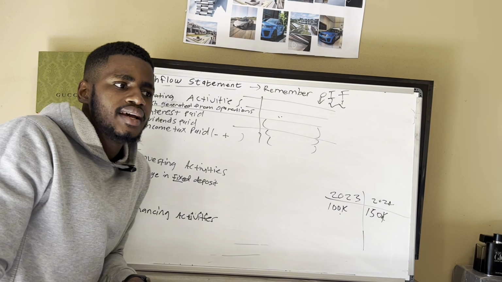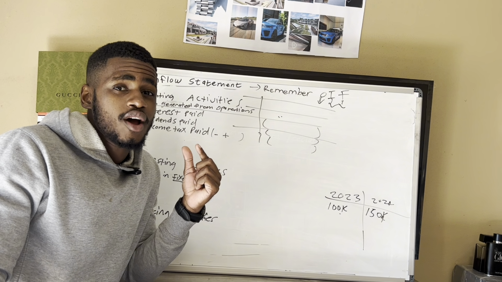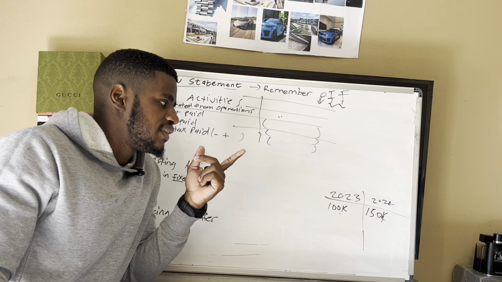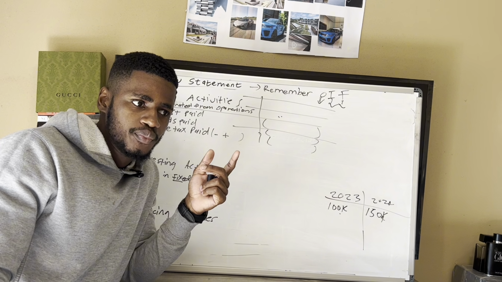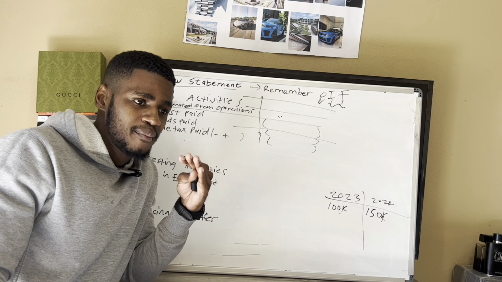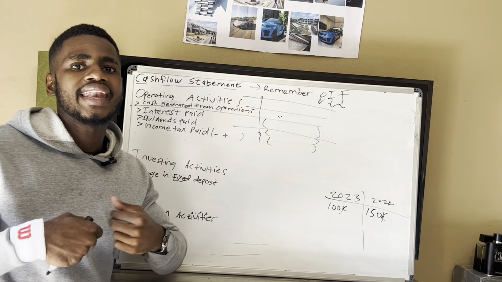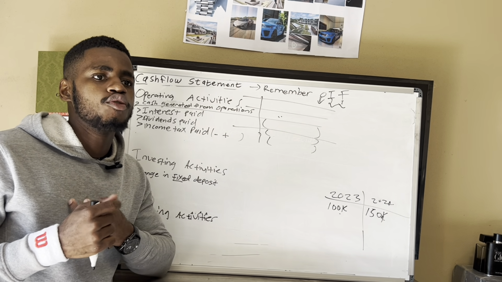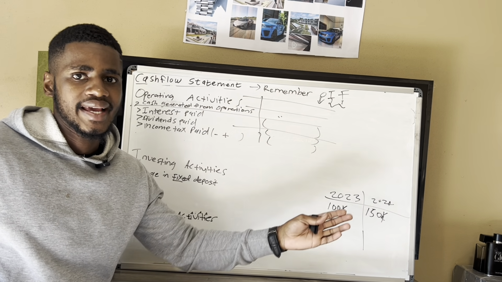What does that mean? It means that our fixed deposit increased. Yes, that is a good thing, but that is not our main focus. Our main focus is to know if this was an inflow or an outflow. Remember, we took the amount and we put it in the bank. So on our side as a business, this was an outflow because the money left us and we gave it to the bank.